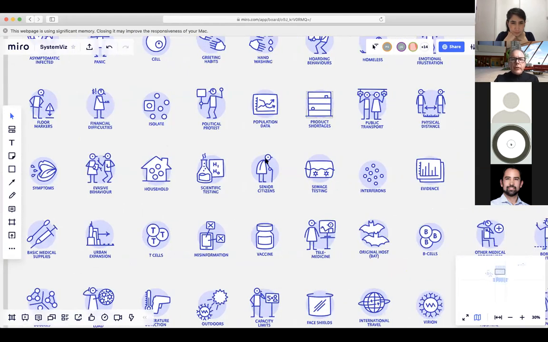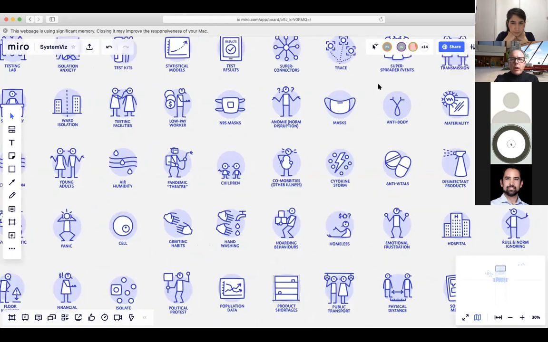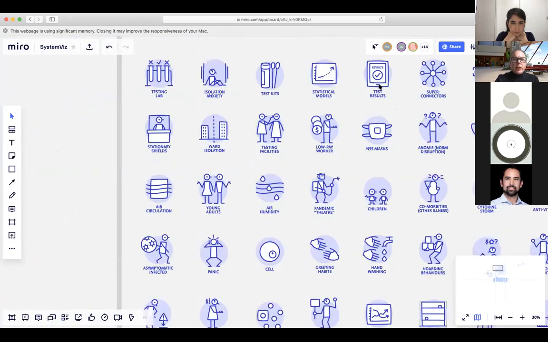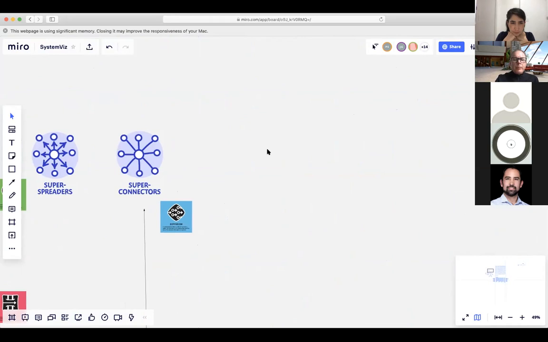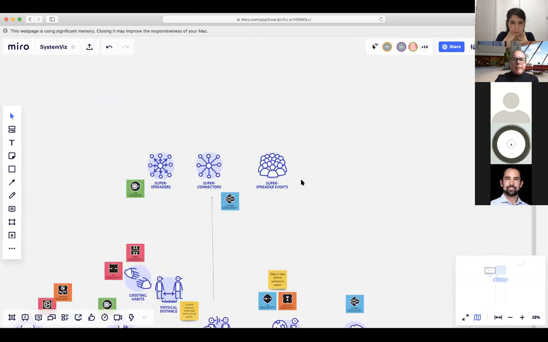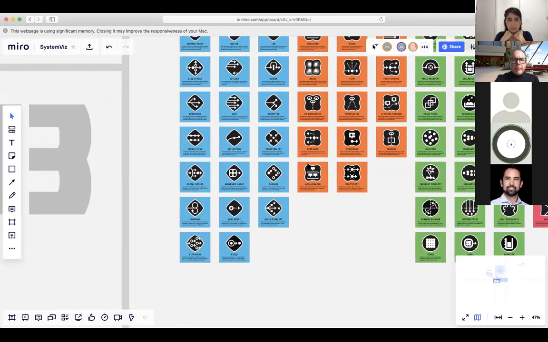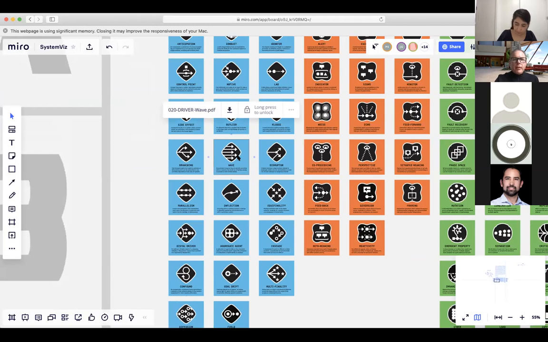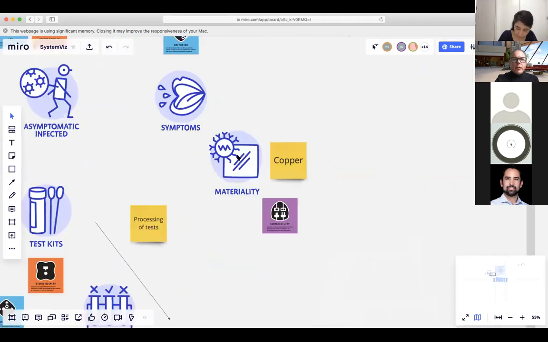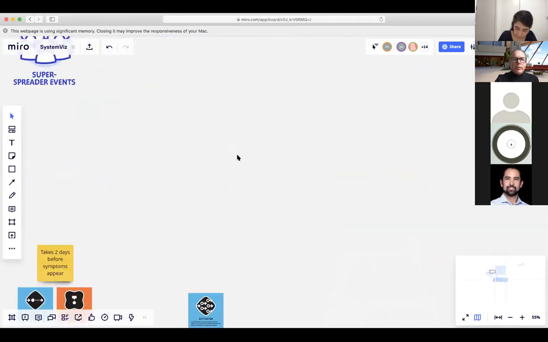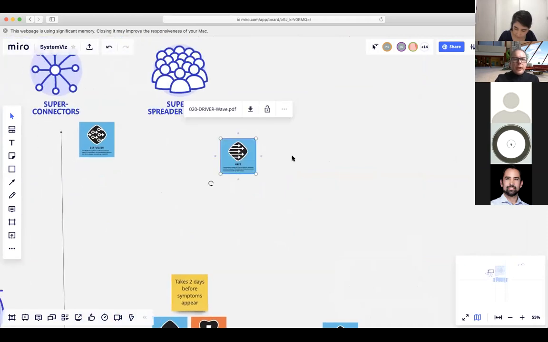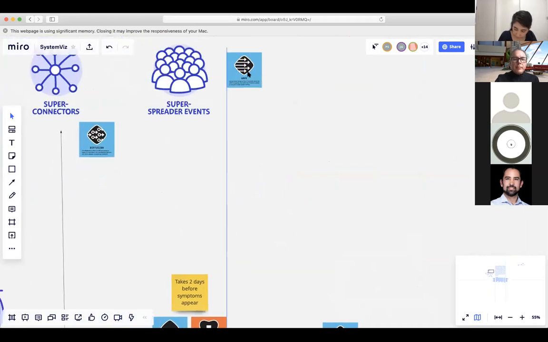Or we have the super spreader events, which are things like crowds or football matches or situations where there's a lot of close contact between people. Which can all of a sudden start to create large waves of cases.